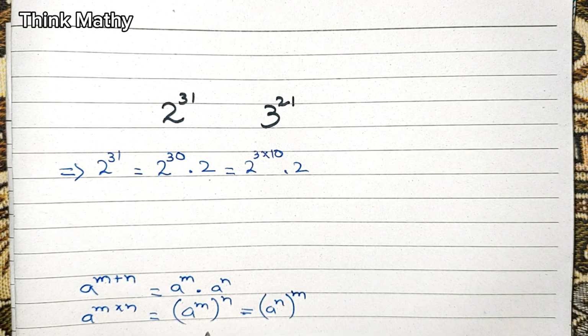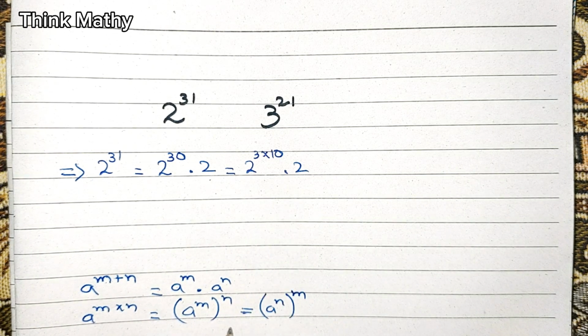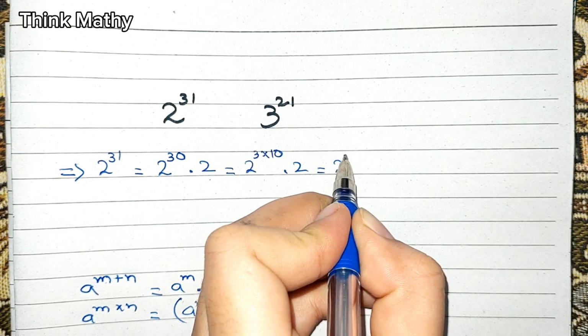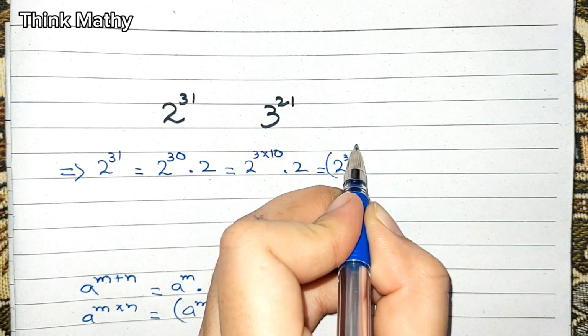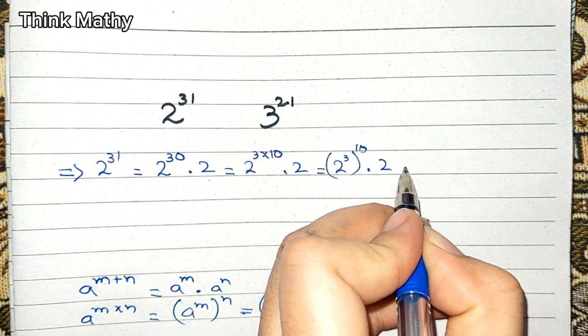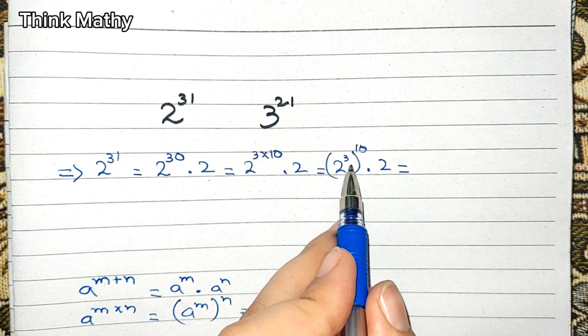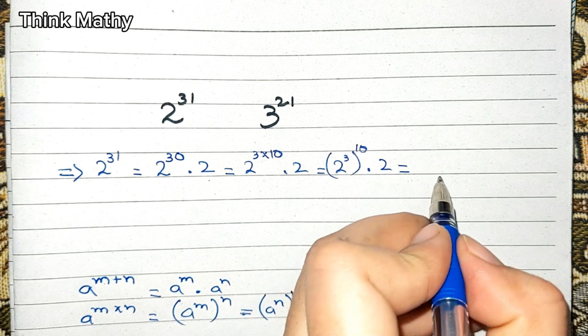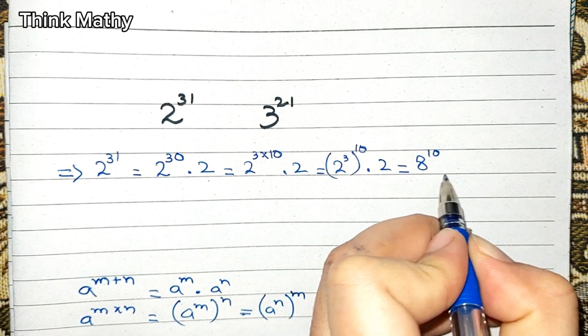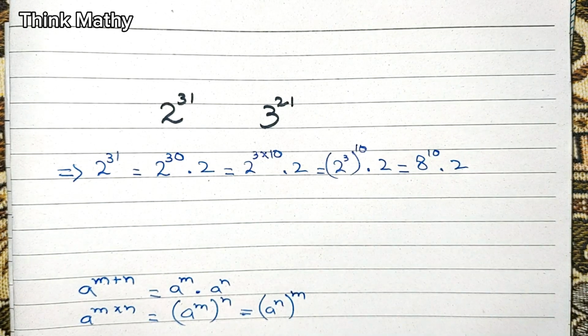So I'm writing it in this form: 2 to the power 3 whole 10, times 2. We know that 2 cube equals 8, so this is 8 to the power 10 times 2.